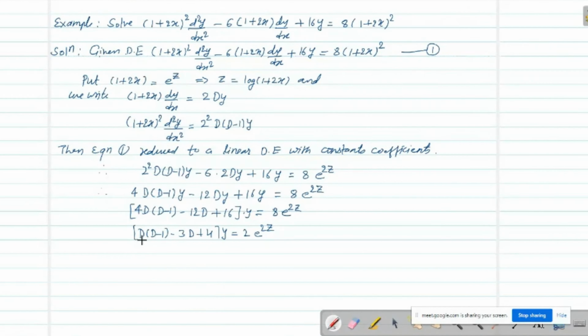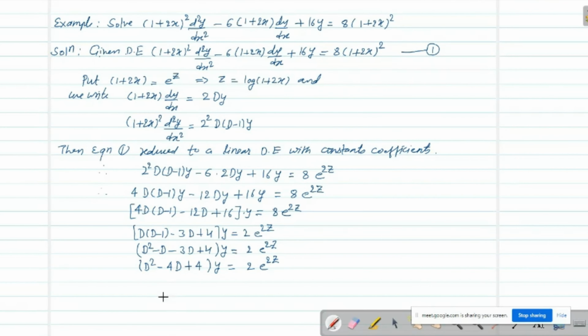So now multiply d inside the bracket, so you will get d square minus d and minus 3d and plus 4, into y, and this is equal to 2 times e raised to 2z. Now simplify this: you will get d square minus 4d and plus 4, into y, equal to 2 times e raised to 2z.